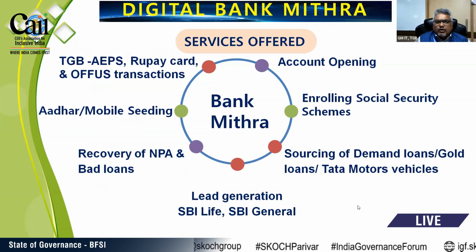These are the services offered at these locations: account opening, enrollment of social securities, sourcing of demand loans, gold loans, and we got a tie-up with Tata Motors, Tata Motor Vehicles, lead generation for our SBI Life, SBI General, and then recovery of NPA and bad loans. Aadhaar and mobile seedings also help us in getting that.